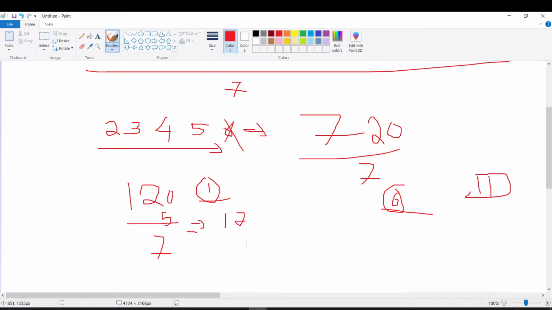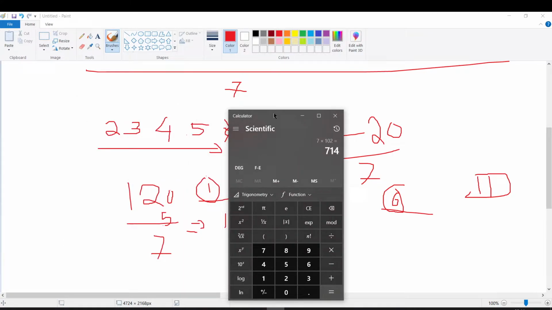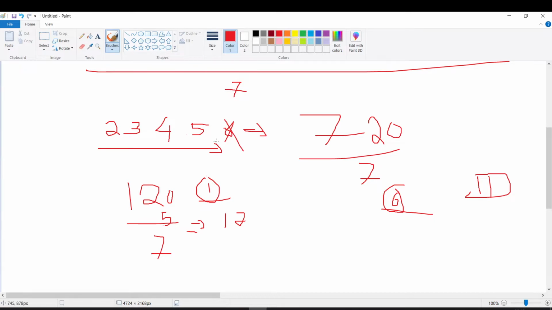Okay, so I think, is that it? Let me verify it first. 120 by 7 is 17, so 17 into 7 is 119, yeah, we're getting it.